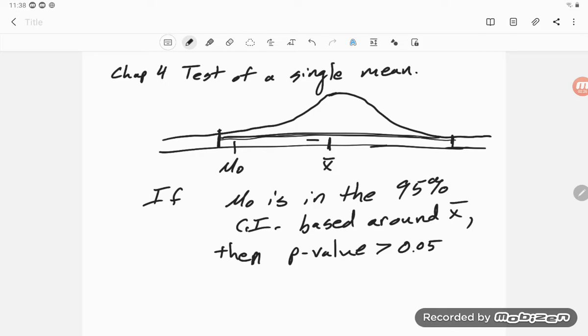Because it's inside the 95% confidence interval, the p-value would be based on being outside of mu zero, and so there's more than 5% outside mu zero.